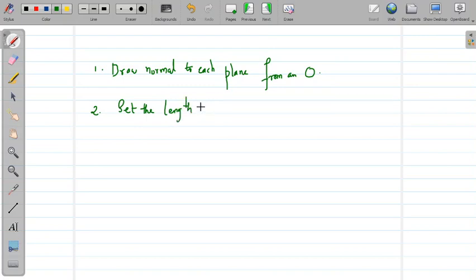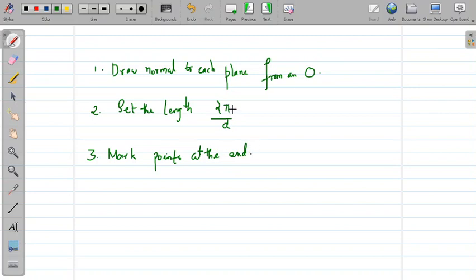Set the length of these normals equal to 2 pi by d, where d is the interplanar spacing of the plane. The third step is to mark points at the end of these vectors.